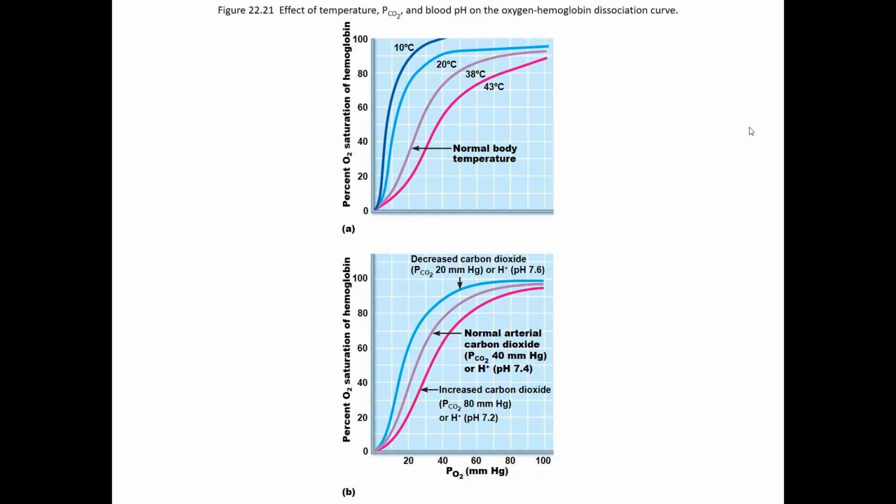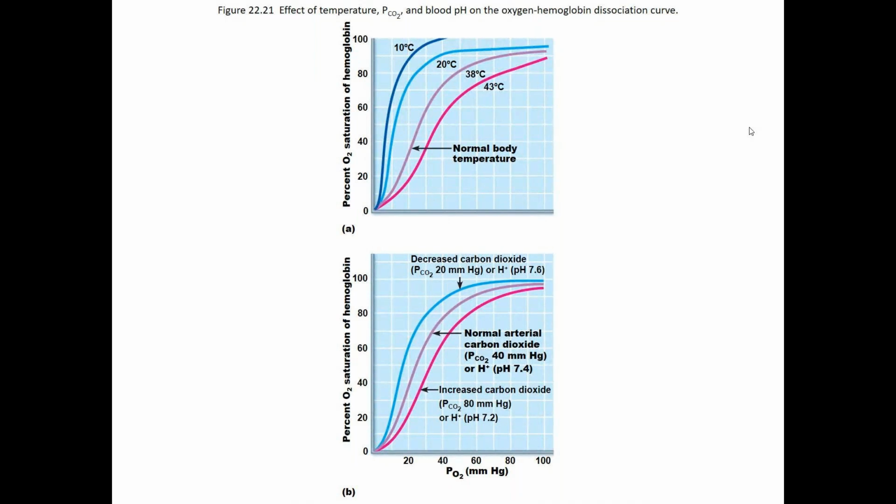And the same thing here for carbon dioxide or pH. The more carbon dioxide, we shift to the right, more likely to drop off. With less carbon dioxide, we shift to the left, less likely to drop off. And the reason for this is quite simple, right? If we think about where your body is using oxygen, it's using oxygen for various chemical purposes.